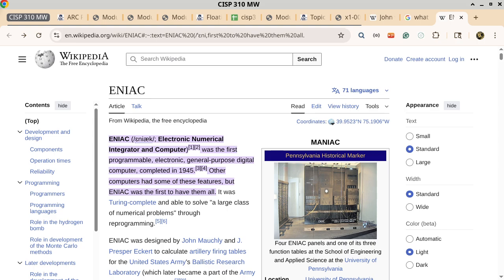So if John von Neumann did not come up with the idea that he came up with, which I'll explain later, we would still have computers that would take up entire rooms, and it would take a lot of electricity. You go, okay, so what is the big deal? We just have bigger computers.